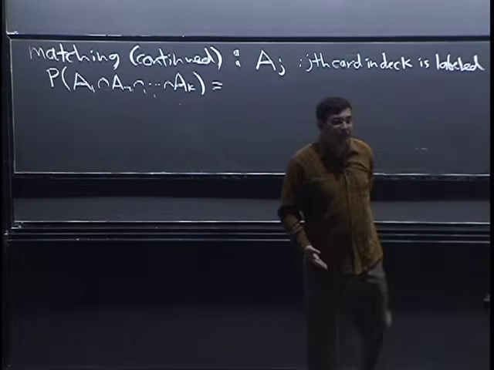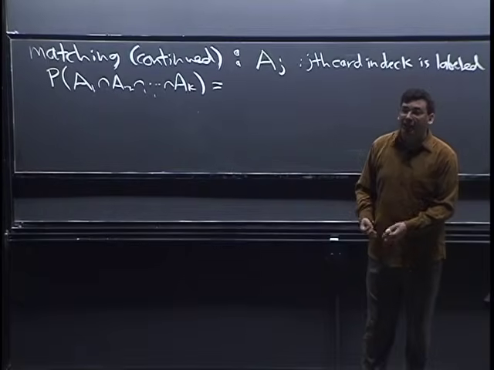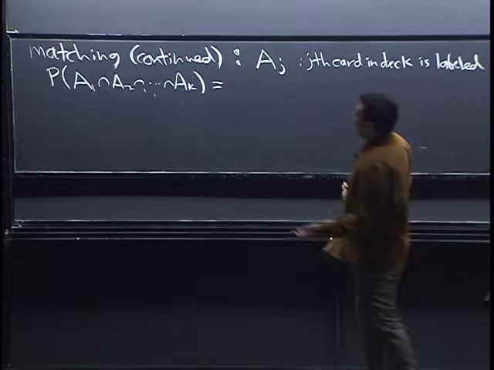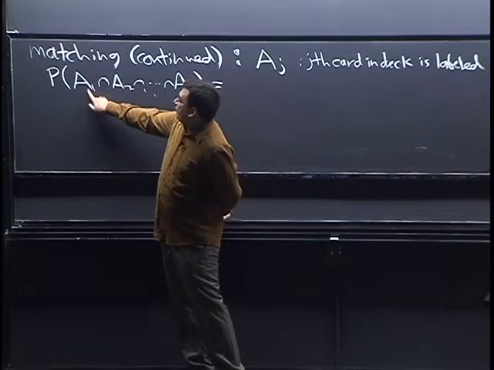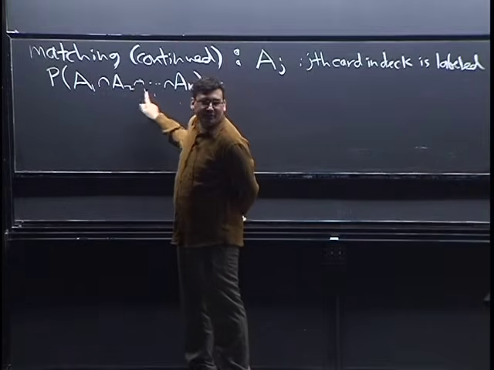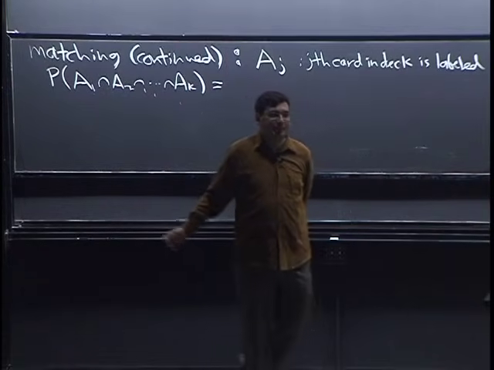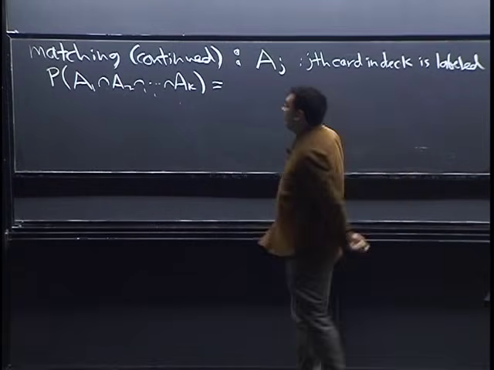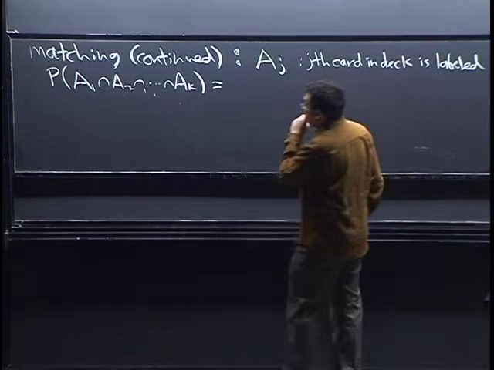But for concreteness, I'm just picking the first k. By symmetry, it wouldn't change. If we wanted to be really formal, we could start writing A sub j sub 1, A sub j sub 2, and you get all these double subscripts, and then people start to get confused. But by symmetry, it's the same as just writing this one down, okay? So it really helps to make it concrete.